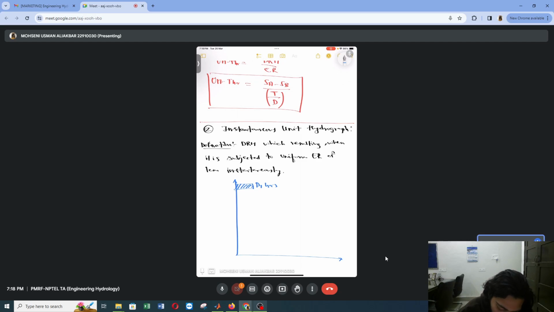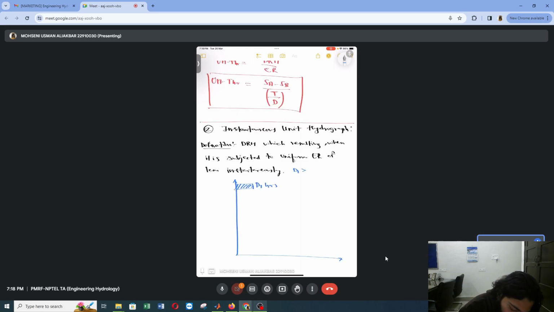Let the time duration increase in this order. We have three effective rainfalls where the duration of the first is D1 hours, which is less than D2. There will be another effective rainfall of D2 hours, and similarly another effective rainfall of D3 hours.